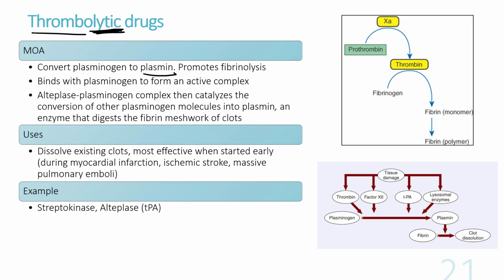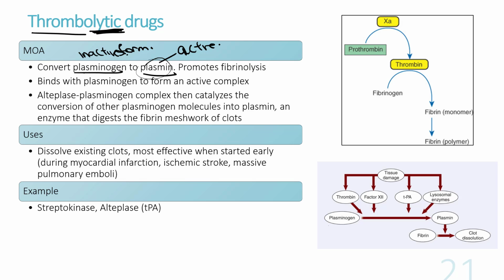So plasmin is present in the inactive form as plasminogen, and what thrombolytic drugs do is increase the conversion rate from plasminogen, which is inactive, to plasmin, which is active, right? And when you have plasmin, then it helps to break down clots.